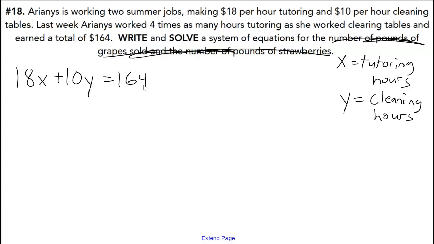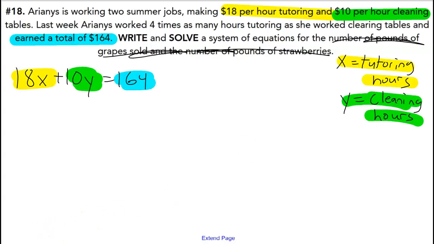All right, now we need one for the total number of actual hours. Now here's the deal. It says four times as many hours tutoring as she worked clearing tables and earning a total of $164. So four times as many hours tutoring as she worked clearing tables. This could be confusing, but this is what you want. Oh, first let me go over this.